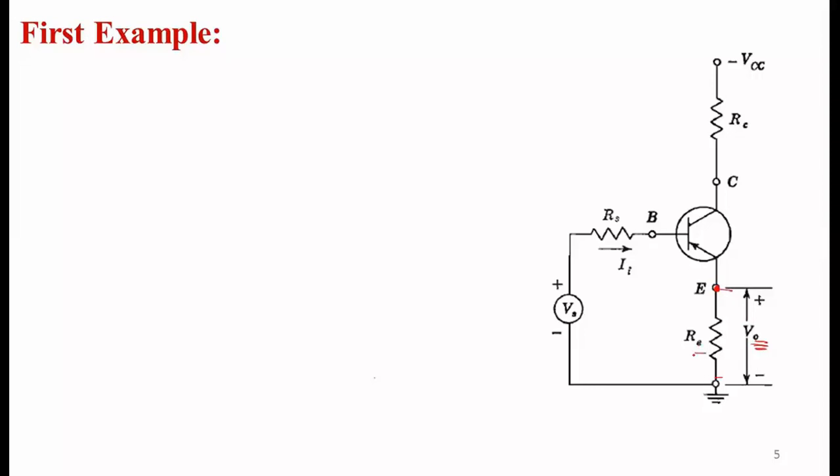So we can see that RE is the feedback component, which is common to the input and the output. In the input circuit there is the RE component, and we are taking output from RE itself. So we can say that the feedback component is RE.